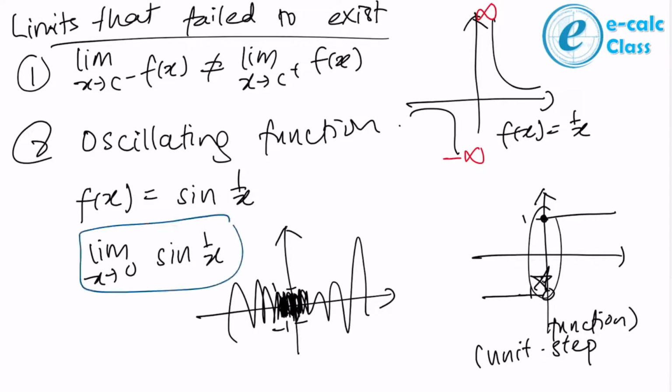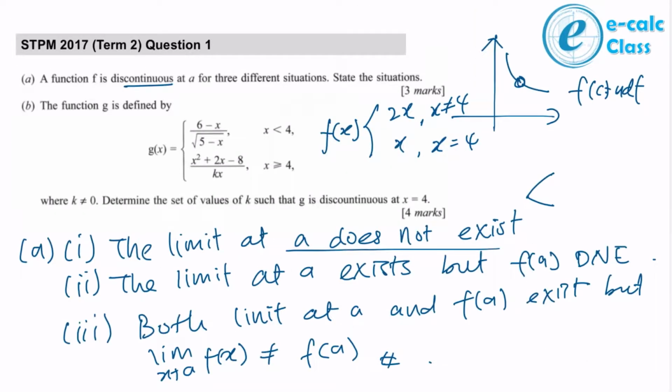Alright, then question B: the function g is defined. This is about continuous extension. Actually, we already talked about it when we did the last question, but never mind, let's just go through the concept.